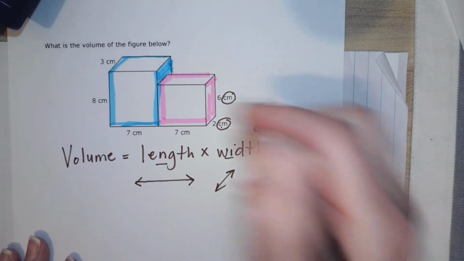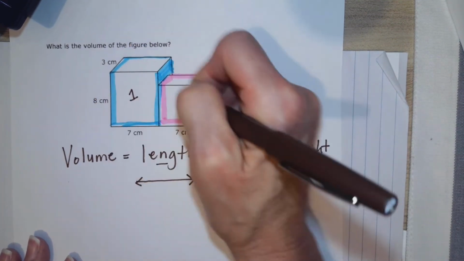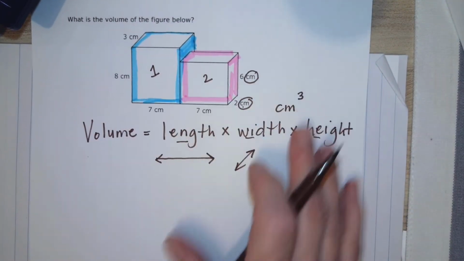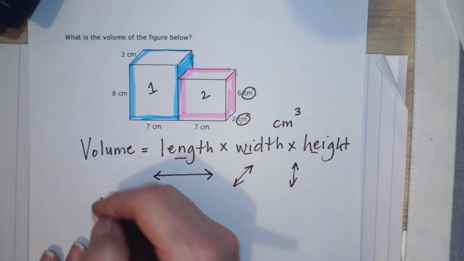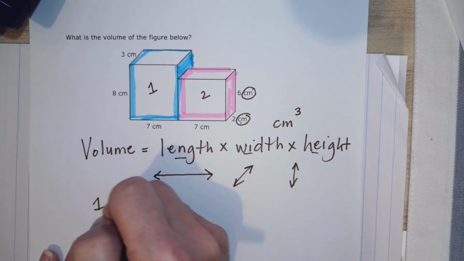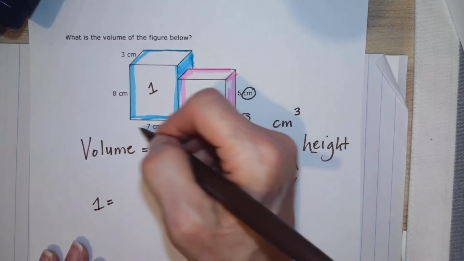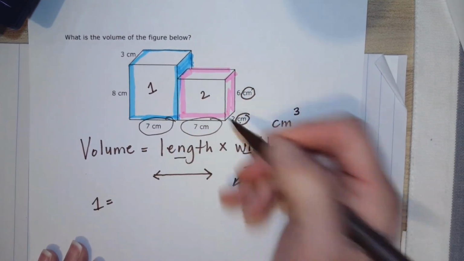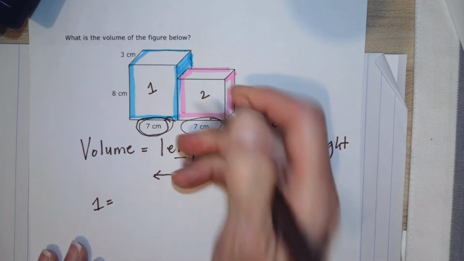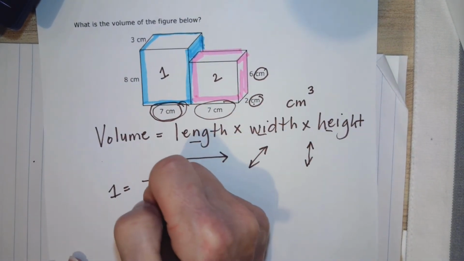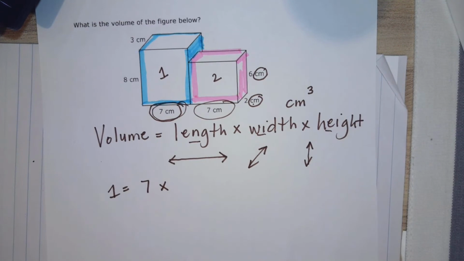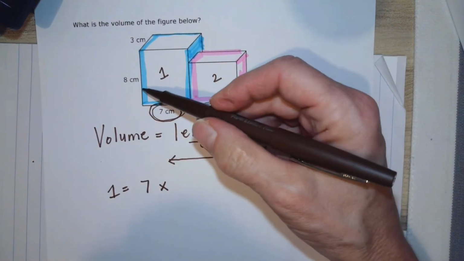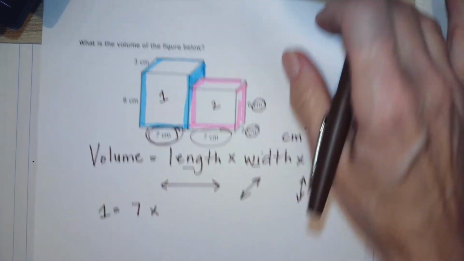So let's look at this, and I'm just going to call this 1 and this 2, so that it's easier for me to distinguish which volume I'm finding. So if I want to find the volume of 1, I'm doing length, and I see that they're actually showing me here that this is 7 and this is 7. So for this one, I see my length, my side to side, is 7. My width, my front to back, well, they do show me up here.